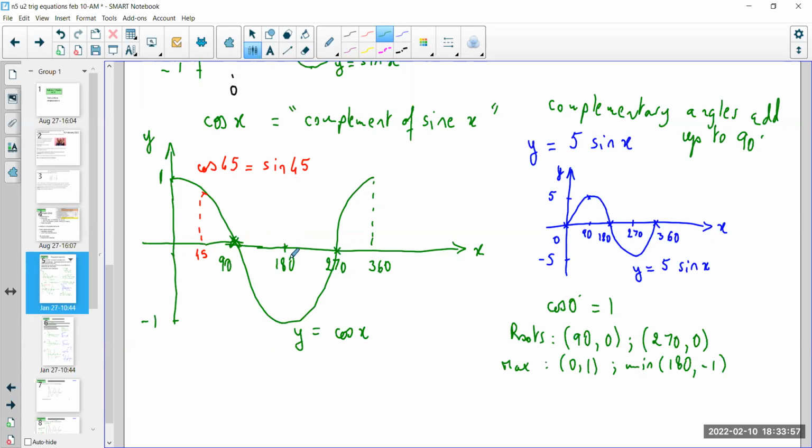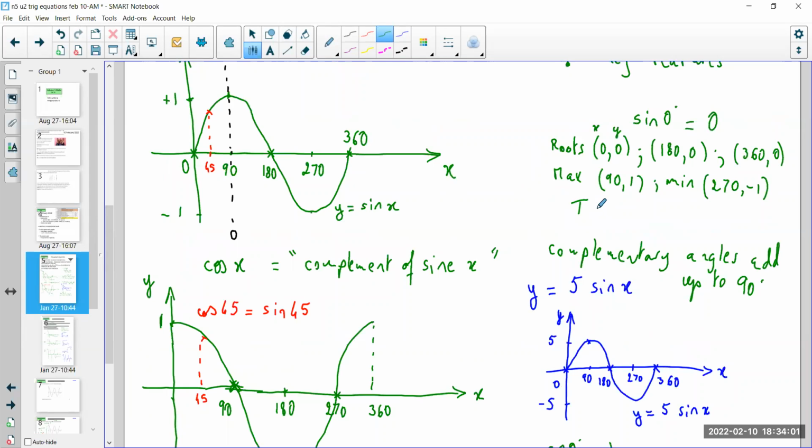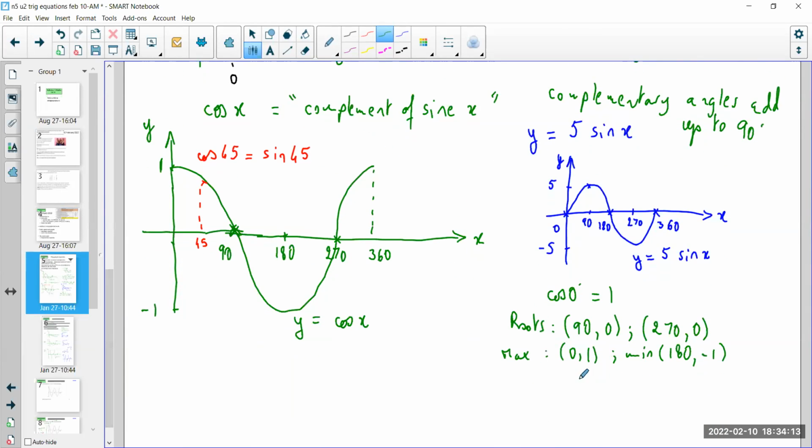The period is something else that is important to add. So the period here is 360 degrees. And we've got the same period. It just means it repeats itself every 360 degrees. Again, T for the period is 360 degrees.